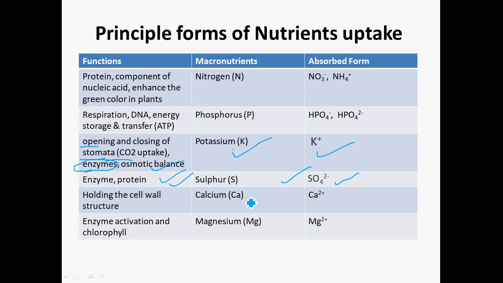Now the next one is calcium. Plants uptake calcium in the form of calcium ions. Calcium is responsible for holding together the cell walls in plants.